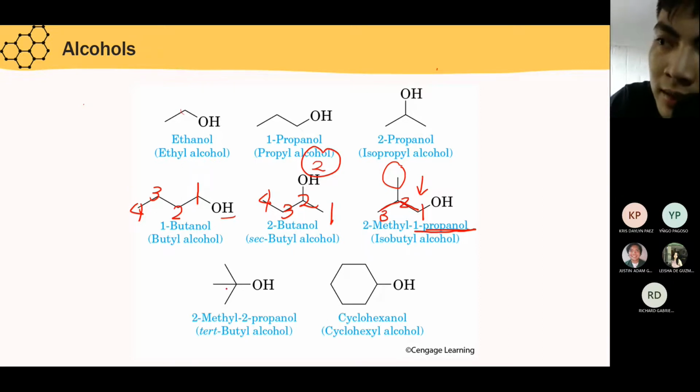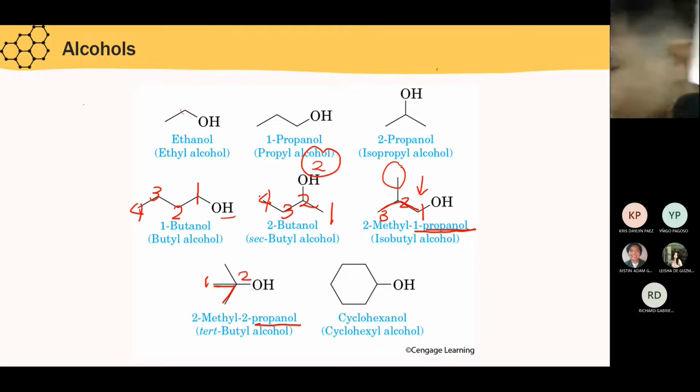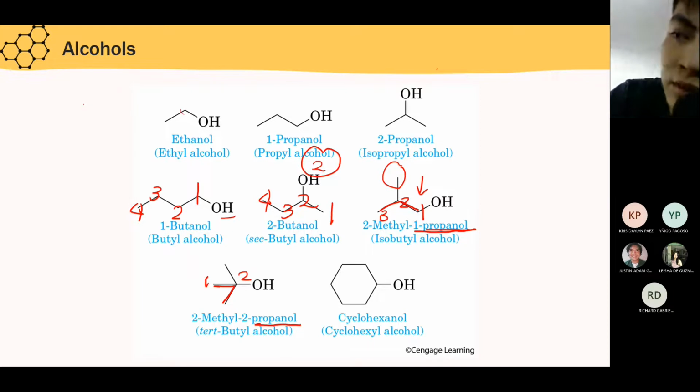So ano yung parent natin dito? So this is the parent. Okay? Medyo hindi obvious, pero ito yung longest carbon chain that we can create. So 1, 2, 3. So kaya propanol yon. And mapapansin nyo, on the carbon number 2, may methyl ka, and andun din yung OH.